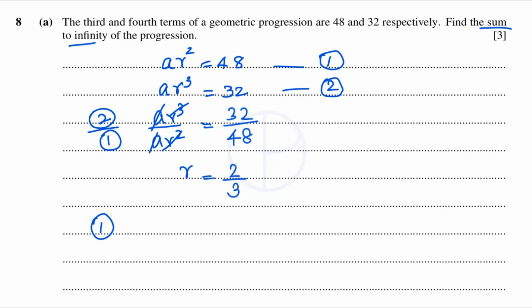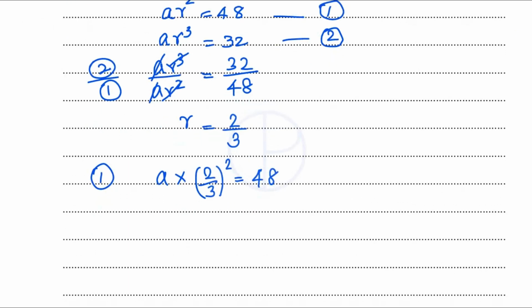By substituting the r value, we get a multiplied by 2 over 3 the whole square equal to 48. Now make a the subject. So a is equal to 48 multiplied by 9 over 4.